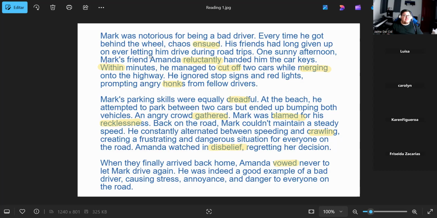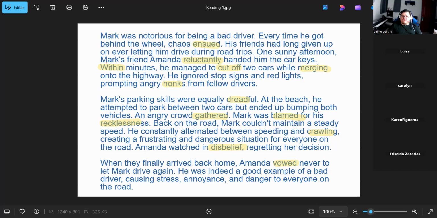Basically, ensued is to happen, to occur. And chaos is the same word in Spanish, just without the H, caos. So el caos ocurrió, caos sucedió. So Mark was notorious for being a bad driver. Every time he got behind the wheel, chaos ensued. Okay, so that's the first one.